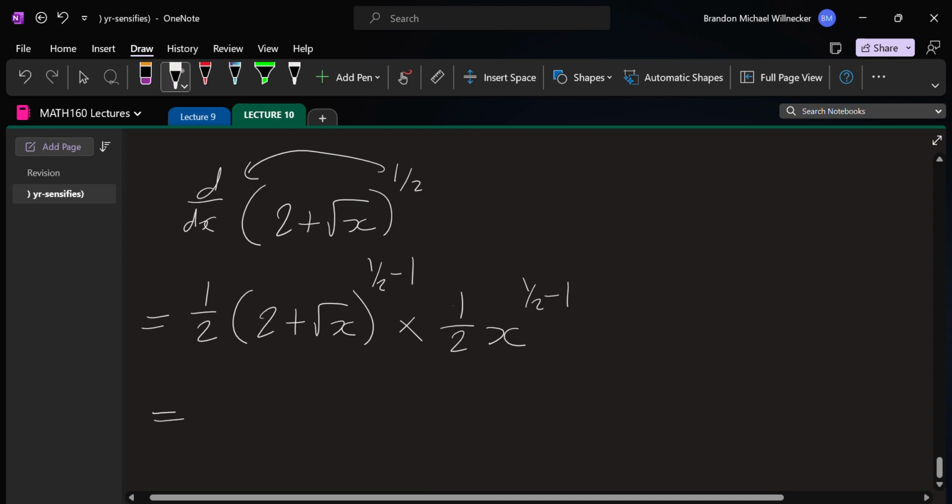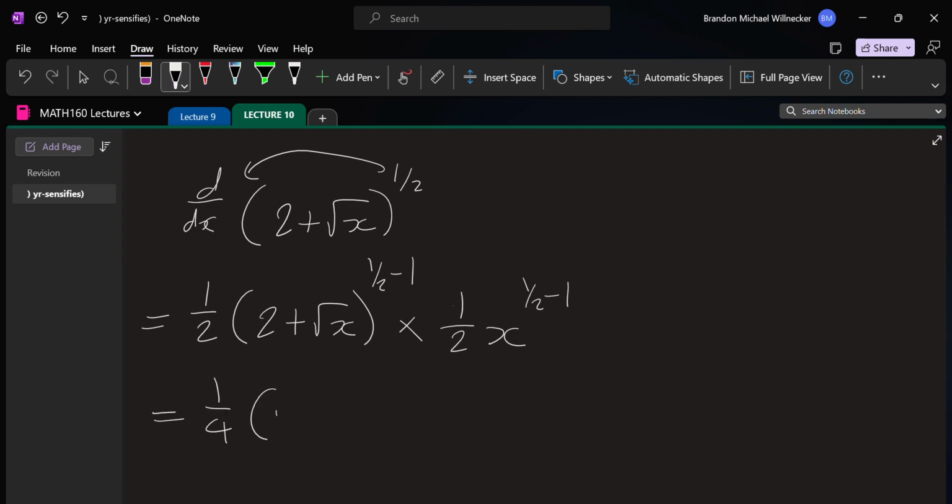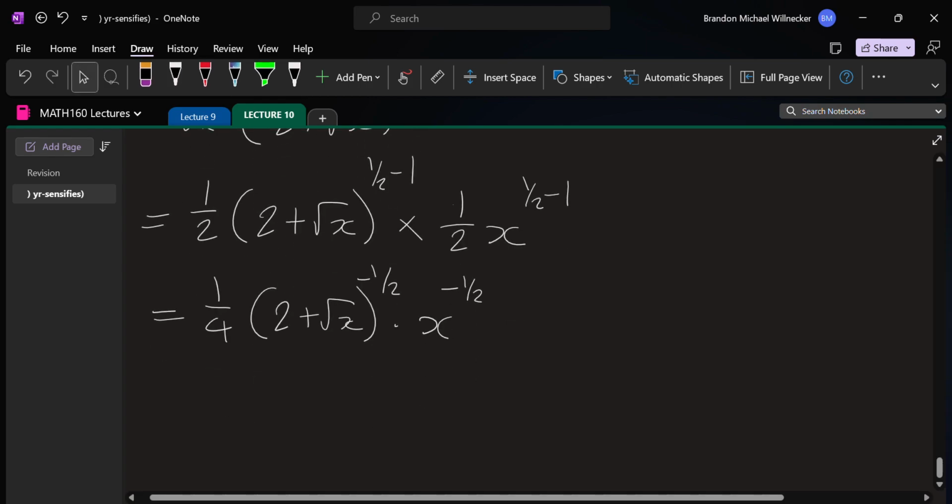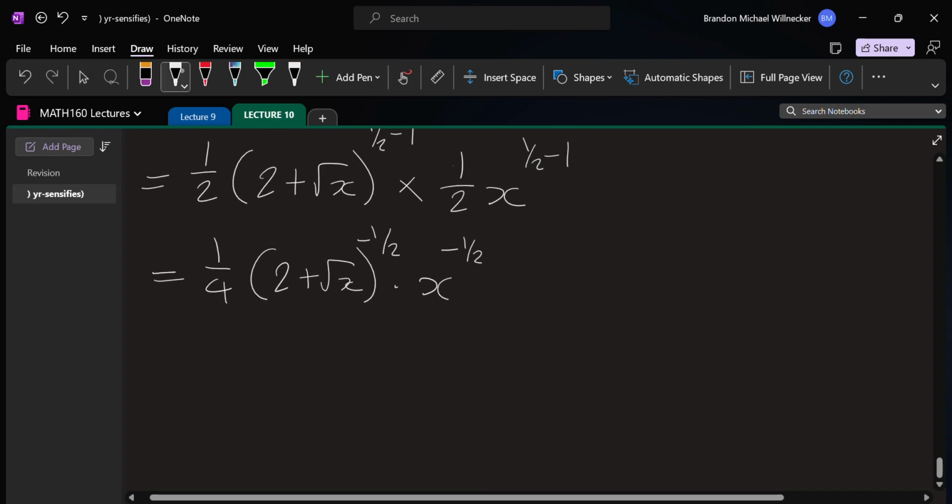Okay, times, and then the derivative of the inside part. But the inside part is just root x, so we do the same thing. So it's going to be 1/2 x to the half minus 1. Okay, so the half and the half, that makes a quarter. 2 plus root x, a half minus 1, that's minus a half.